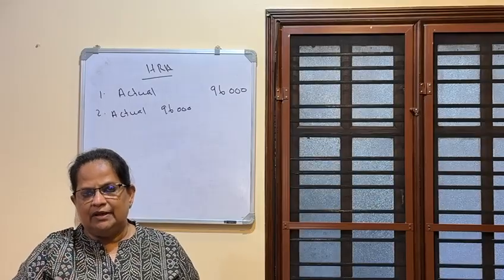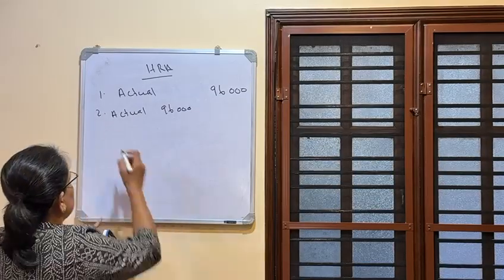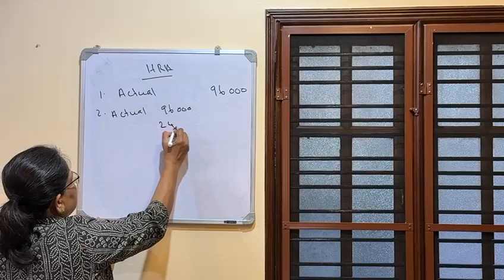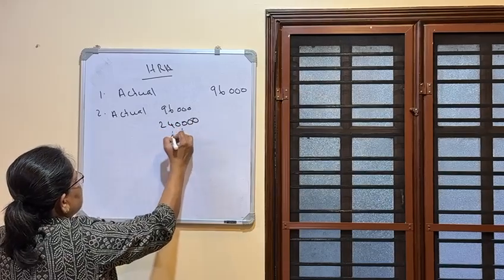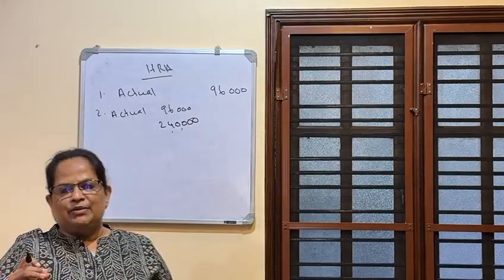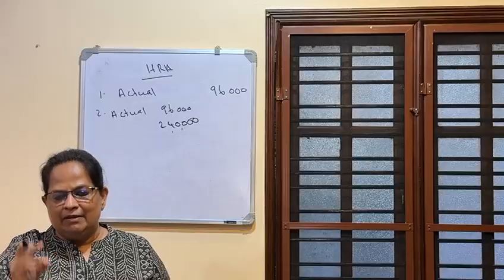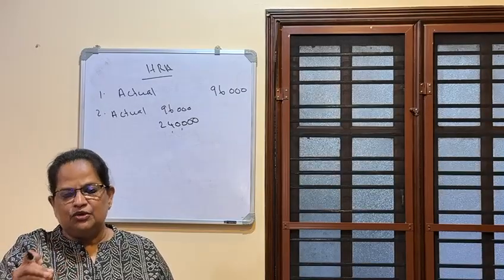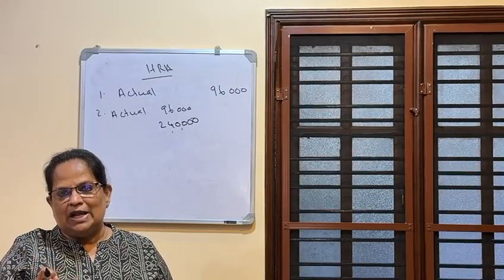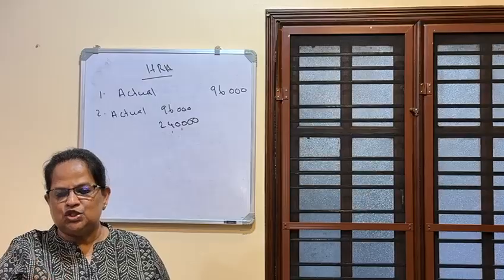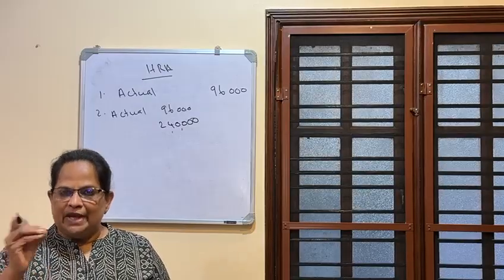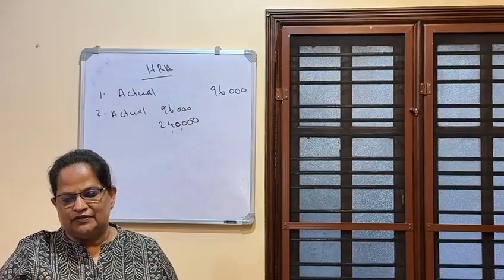Now here 50% meaning it is 2,40,000. HRA computation, basic salary plus the DA entering into retirement benefits. So we get 4,80,000, 50% of that is 2,40,000. Now excess of rent paid over 10% of salary.